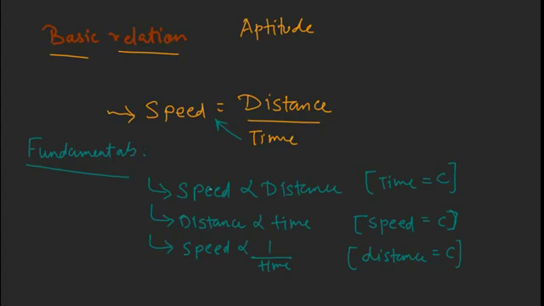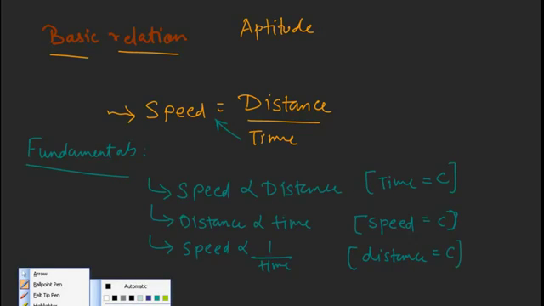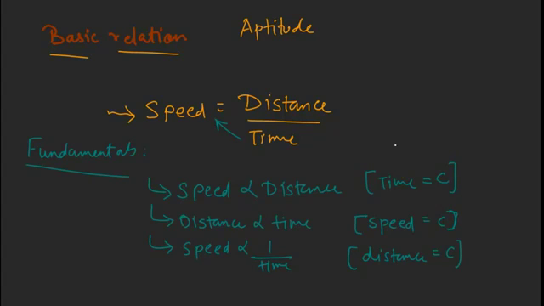So now let us understand each of them. These are simply mathematical representations, but we have to make this real to understand it well. Speed is directly proportional to distance, provided time remains constant. What exactly does this mean? Suppose you have 1 hour and you have to travel in 1 hour.